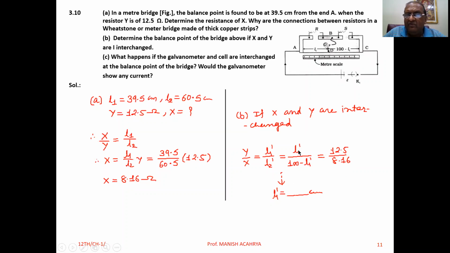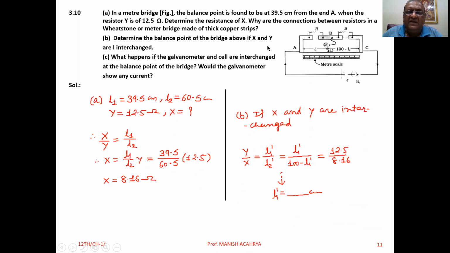Now L1 dash upon 100 minus L1 dash equals 12.5 upon 8.16. From this one, you can calculate L1 dash also. Means after interchanging X and Y, you will get the balance point at L1 dash. You can calculate it from this one.